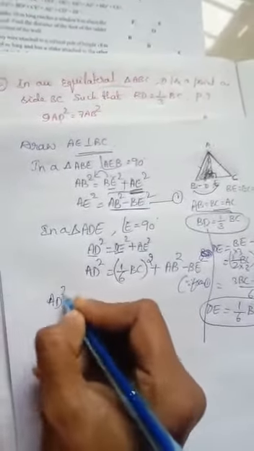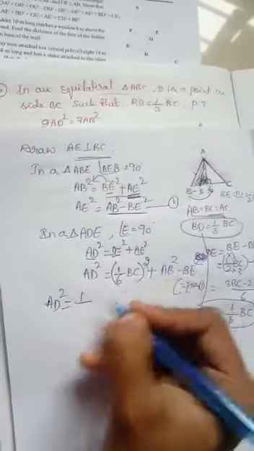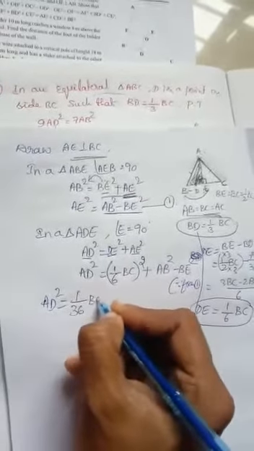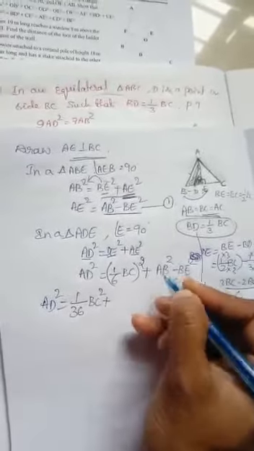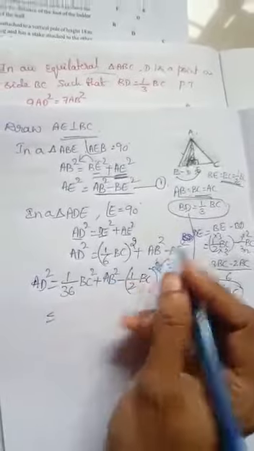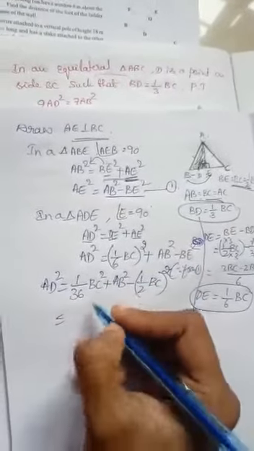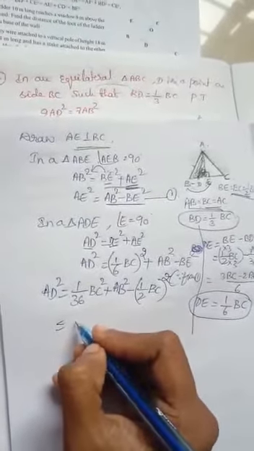AD square is equal to 1 by 36 BC square plus AB square, write it as it is, minus BE, which is 1 by 2 times BC. All the sides can be converted into AB and BC because AB, BC and AC are equal. Therefore, we convert all the sides into the original sides of equilateral triangle ABC.